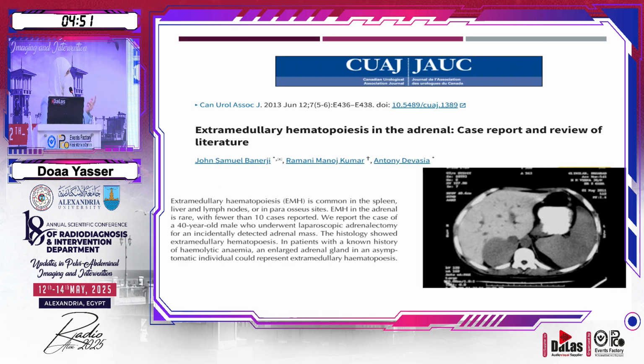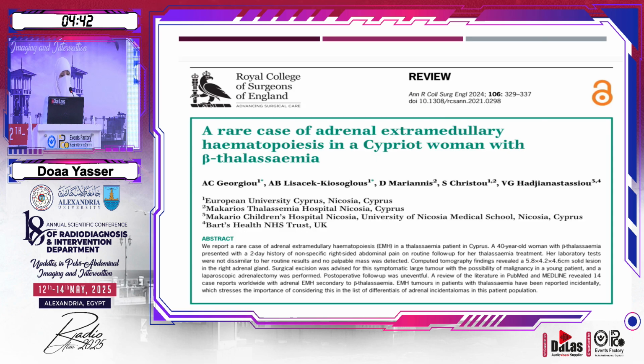Anyhow, according to the Canadian Neurological Association Journal, there is a description of adrenal extramedullary hematopoiesis as a case report, and also according to the Royal College of Surgeons of England, another case of extramedullary hematopoiesis in adrenal glands was described as a rare case, also associated with beta thalassemia.